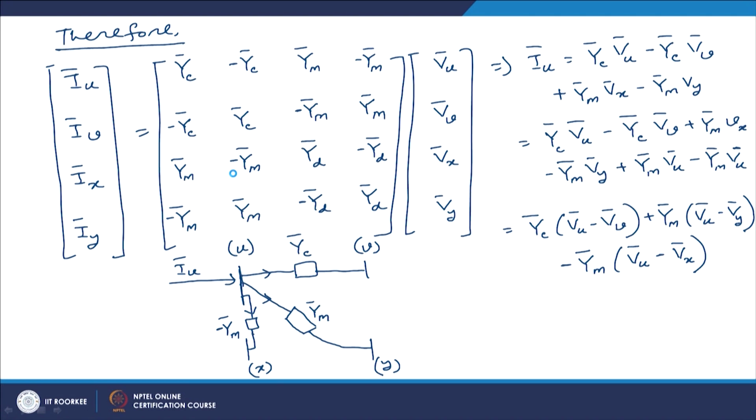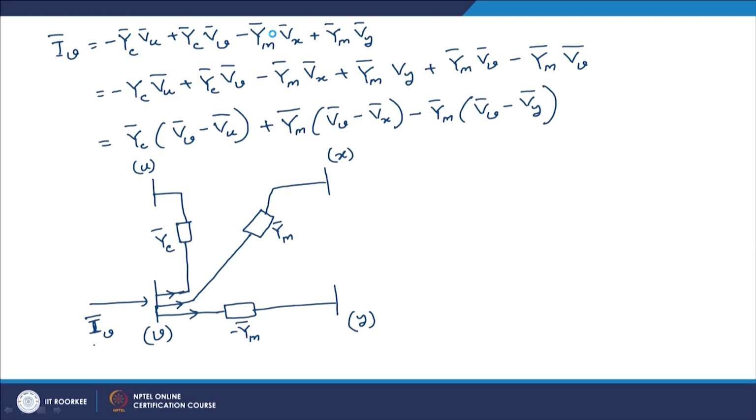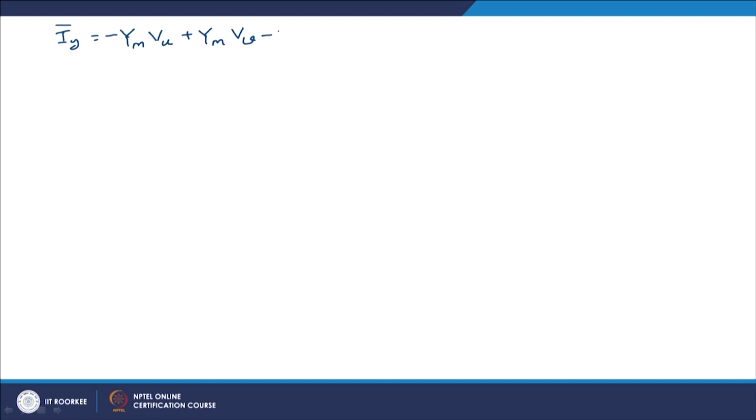So my Iy is minus Ym Vu plus Ym Vv minus Yd Vx plus Yd Vy, all these are complex.